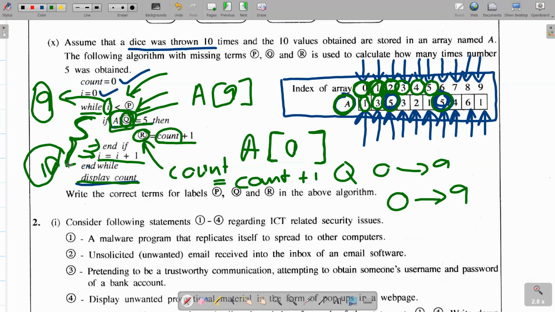The last item of the array is checked. So the condition, I less than P, needs to be false once I becomes 10. If this needs to be false, then P must be 10 as well. Are you getting that?